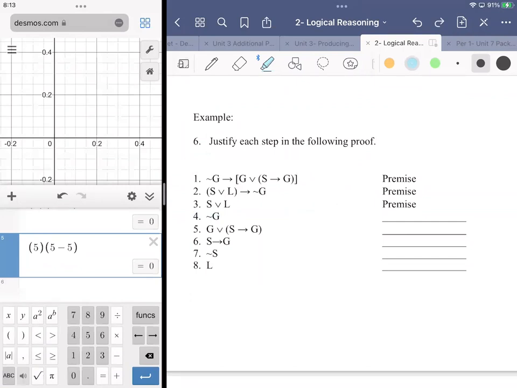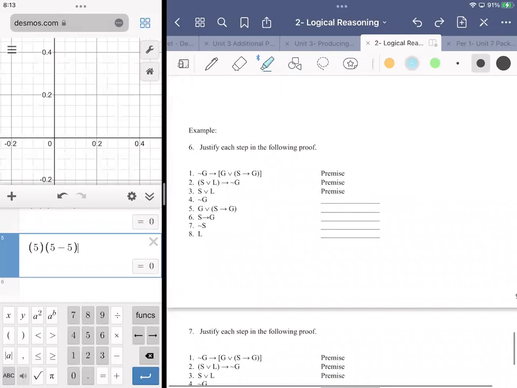So taking a look at, for example, premise 2 and premise 3, the reason why I'm focusing on those is because you see a not G as my first conclusion in number 4. It looks like that's drawn from the relationship or relationships that exist in 2 and 3, right?